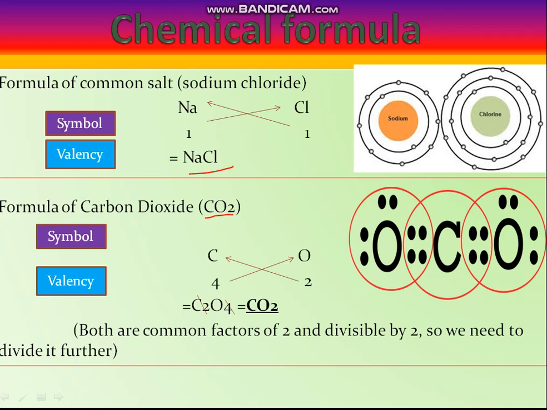Here you can see 2 and 4, you can simplify them. 2 ones are 2 and 2 twos are 4, which gives C1O2, which is nothing but CO2. Both have the common factor 2 and are divisible by 2, so we need to divide them further.